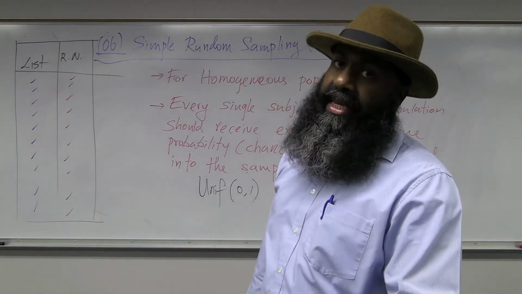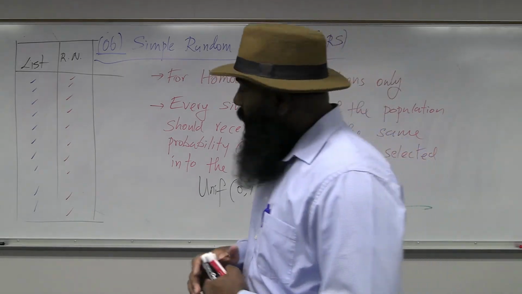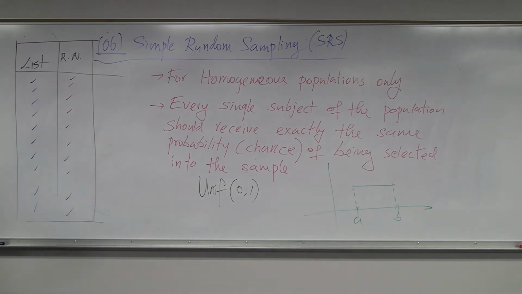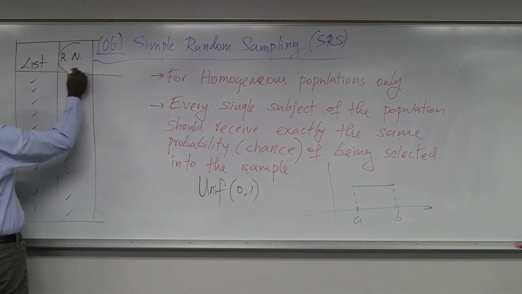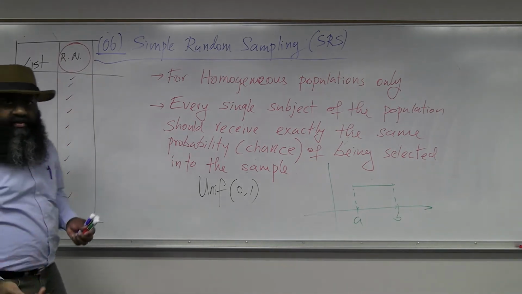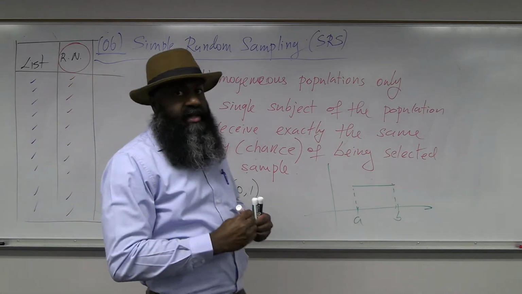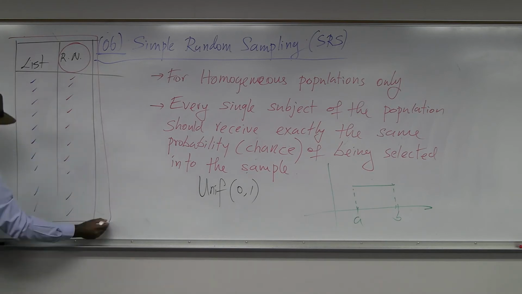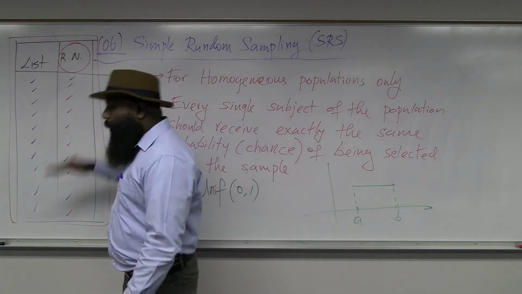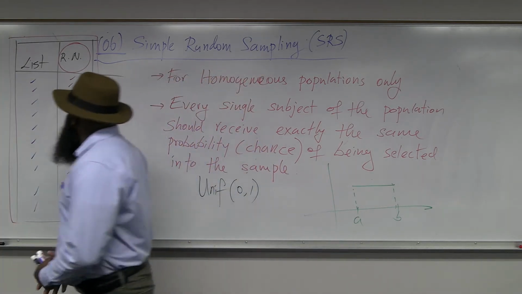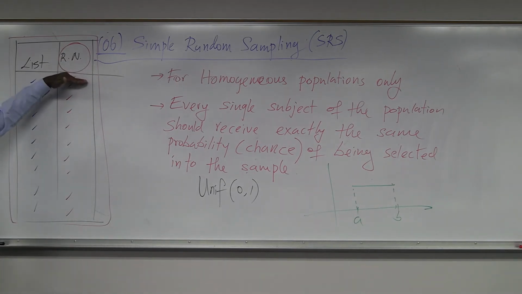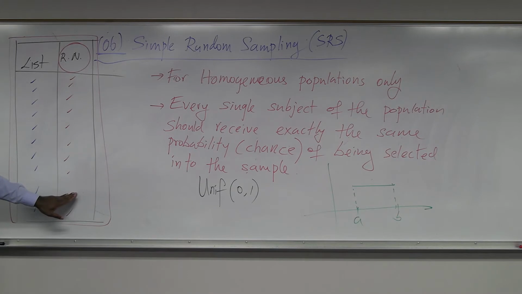So what we are going to do next is, we are going to sort the data set according to the ascending order of the random number. Okay? We select the random number. We are going to sort the entire data set according to the random number, so that after you sort the data set, the second column will be listed from the smallest random number to the largest random number.